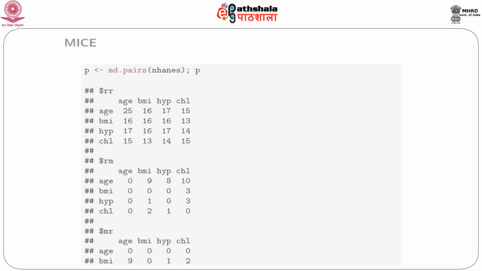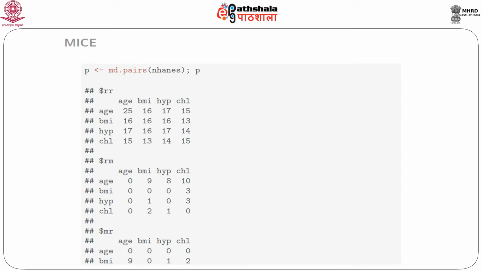Another way to study the pattern involves calculating the number of observations per pattern for all pairs of variables. A pair of variables can have exactly 4 missingness patterns. The first one happens when both of the variables are observed, and it is denoted as RR.